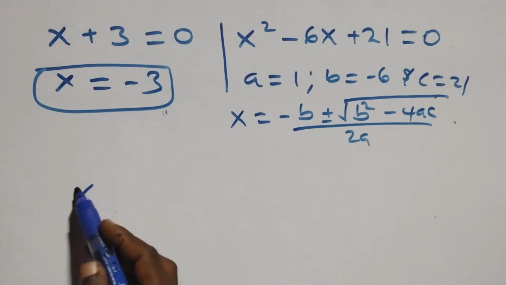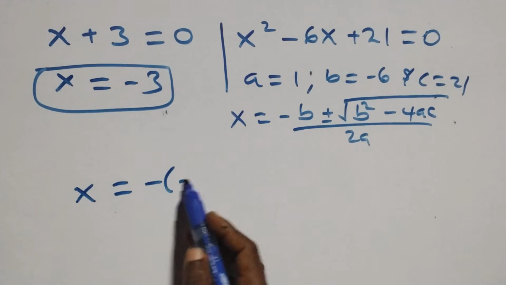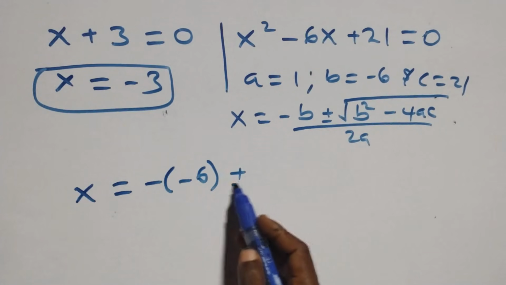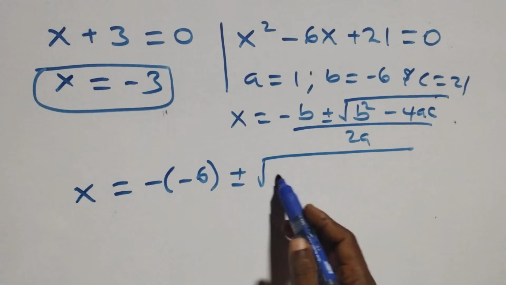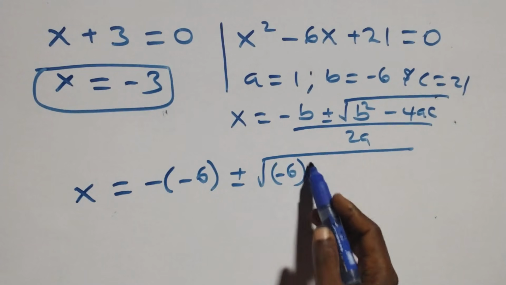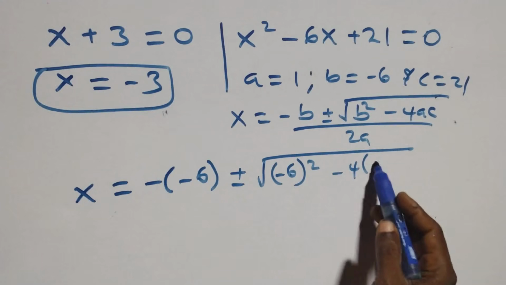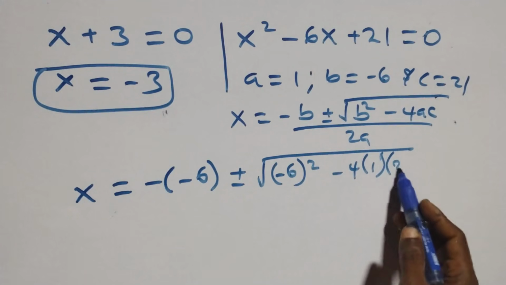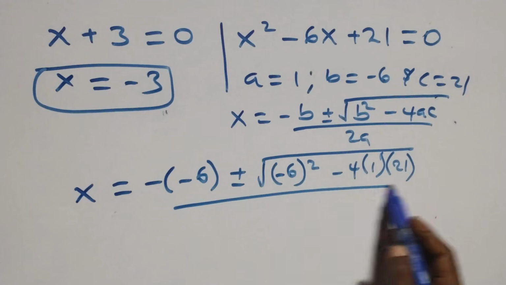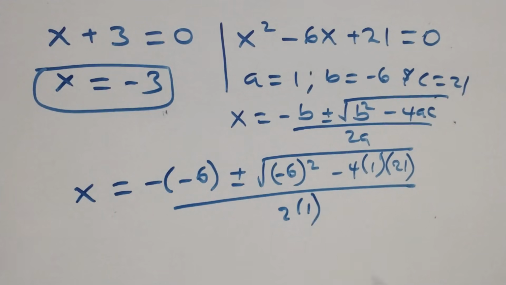Then here we have x equals to minus minus 6 plus or minus square root of (minus 6) squared minus 4 times 1 times 21 all over 2 times 1.